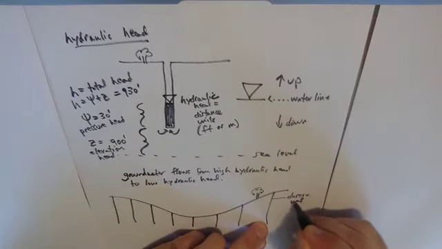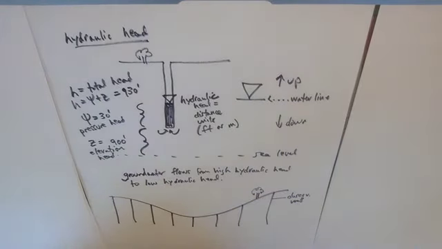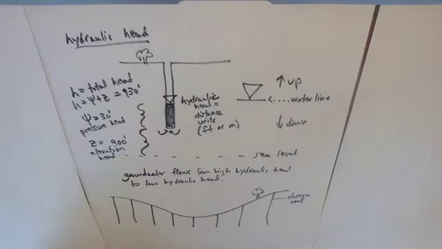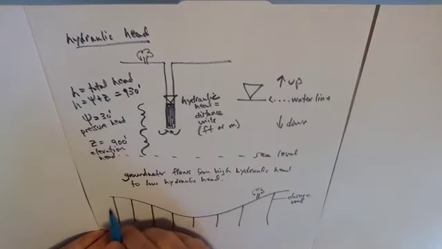So somebody just started drilling and noted where the water was at different points. And by doing that, what they found was that you can contour the hydraulic head. In other words, you can figure out where the hydraulic head is, and then you can draw just like topographic contours on a map.